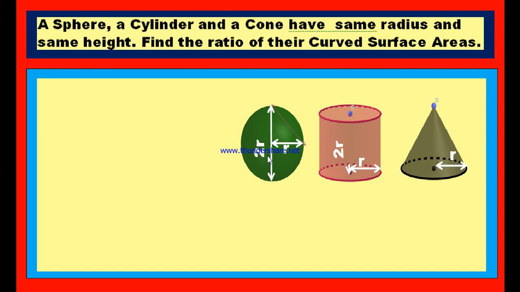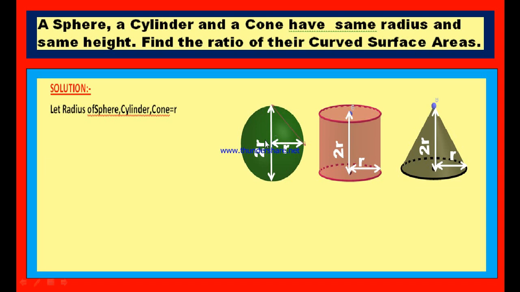Here, if you look at this sphere, this is one r and this is the second r. Therefore, height of the sphere is 2r. Similarly, height of the cylinder is 2r. Height of the cone is 2r. You see, in this sphere, this is one radius and it is the second radius. Therefore, height of the sphere is r plus r, which is 2r. Since it is 2r, the height of the cylinder is also 2r, height of the cone is also 2r.